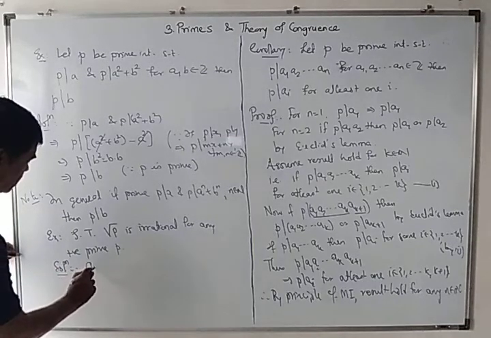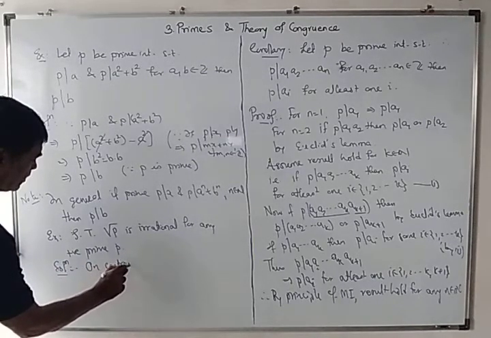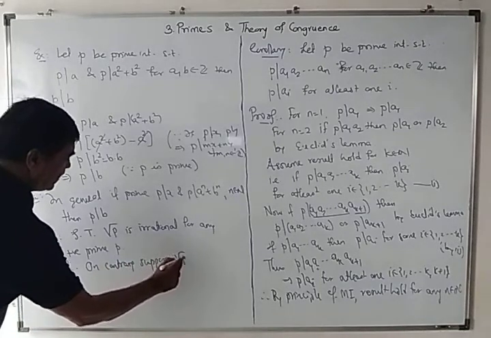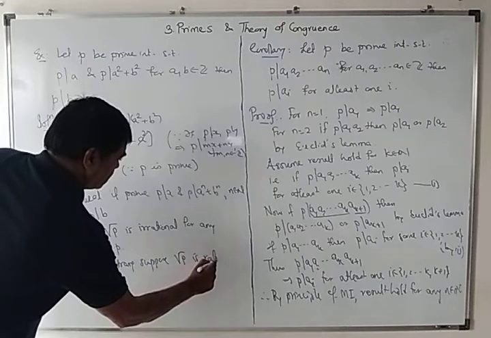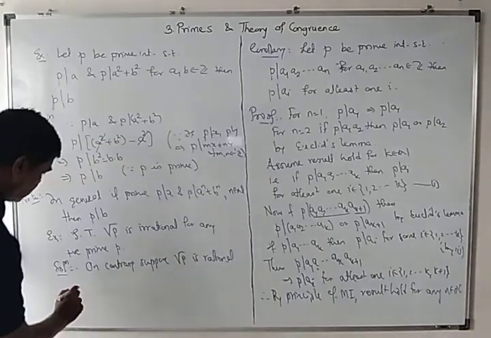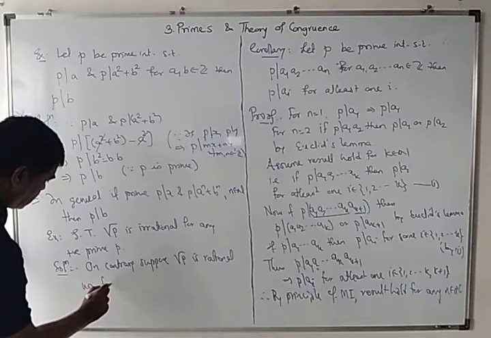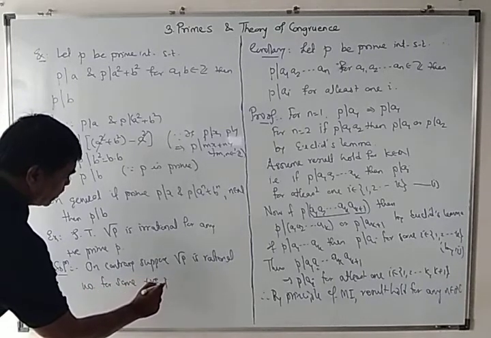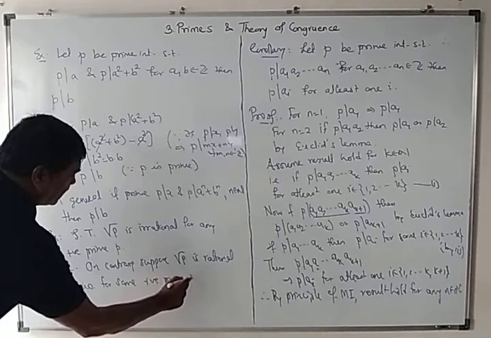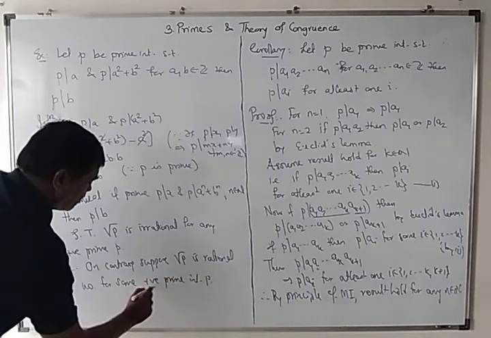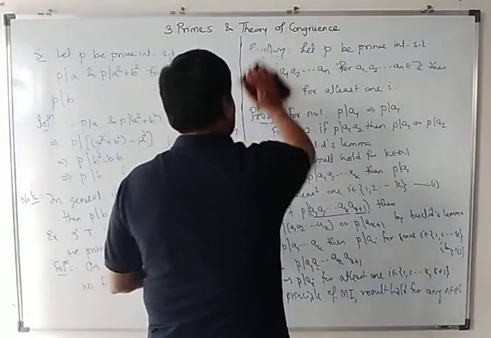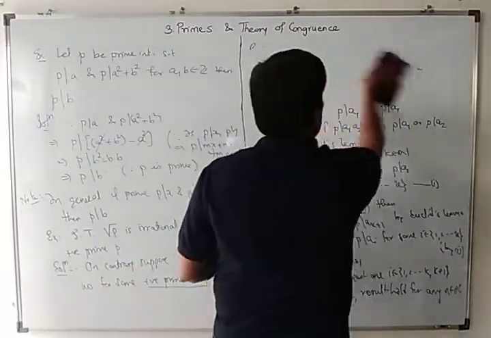On the contrary, suppose root P is a rational number for some positive prime integer P. Then a rational number is expressed as a quotient of two integers where their GCD is 1.